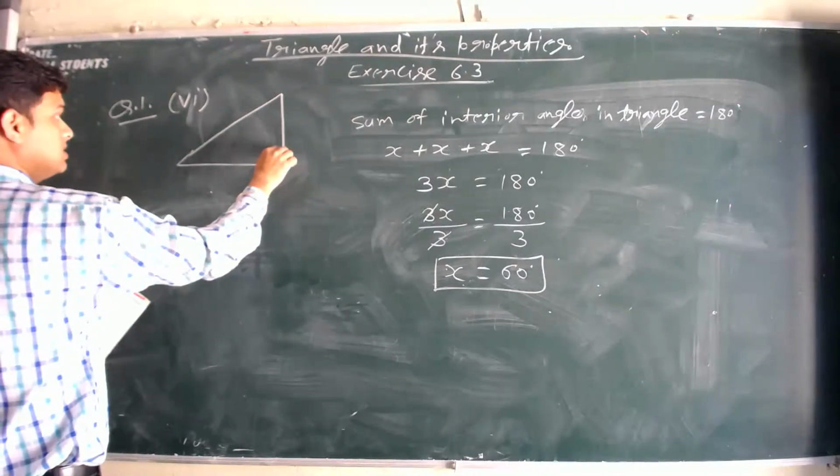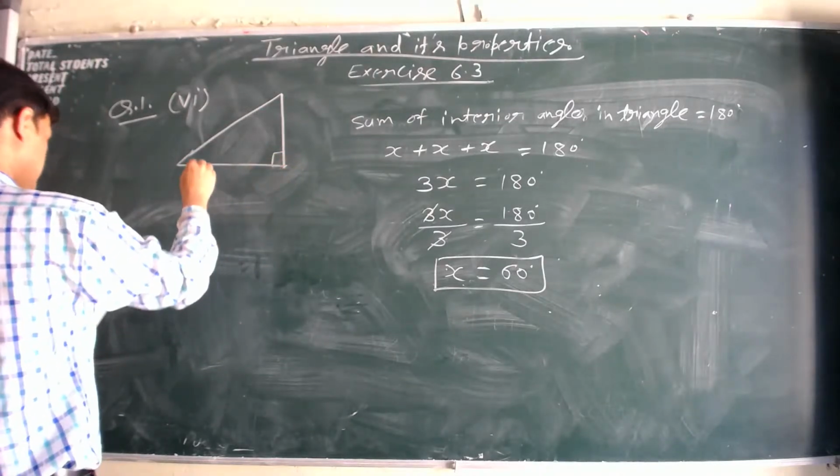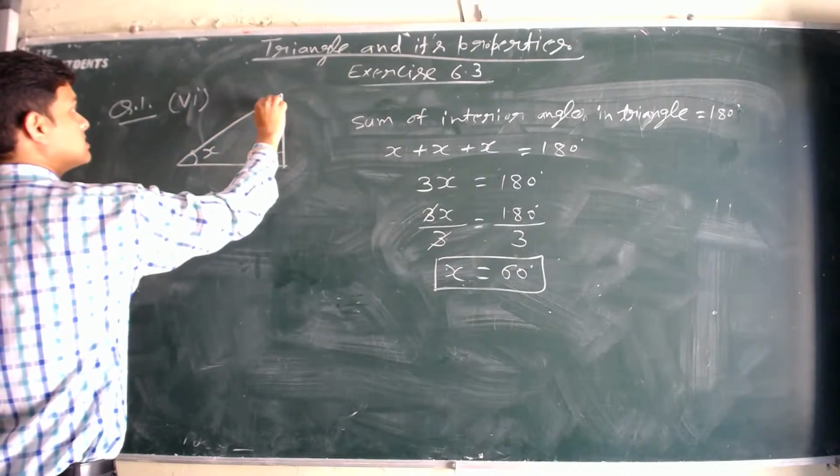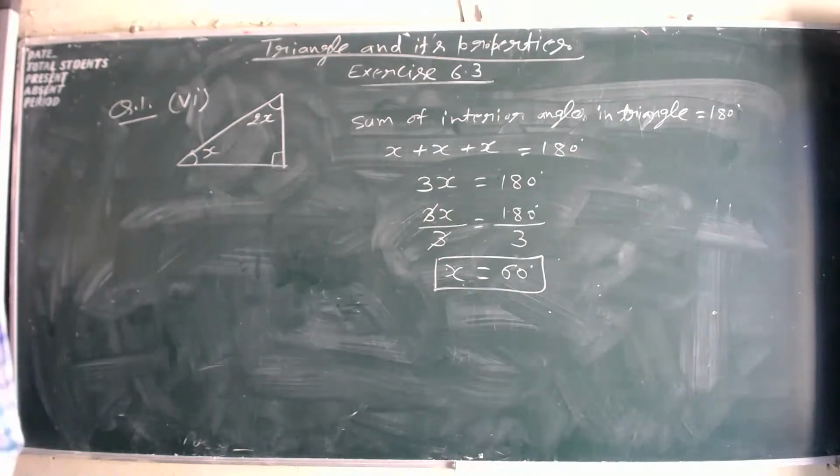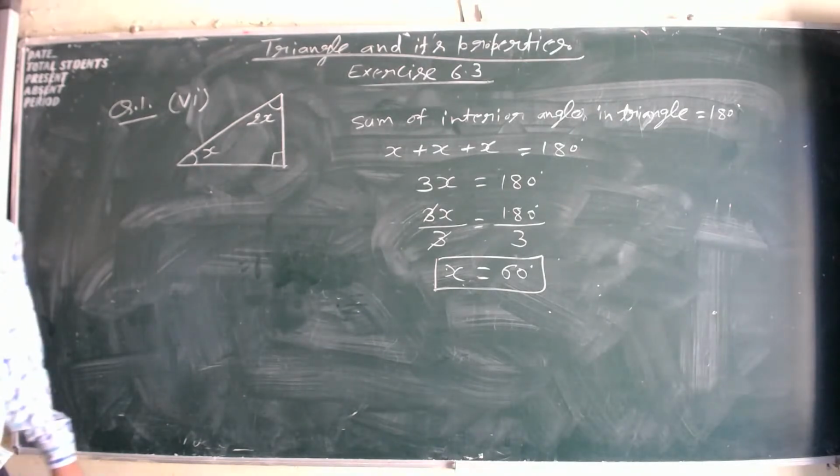we have a figure and it is given as this, and this is x and this is 2x. Okay, now we have to calculate the value of x.